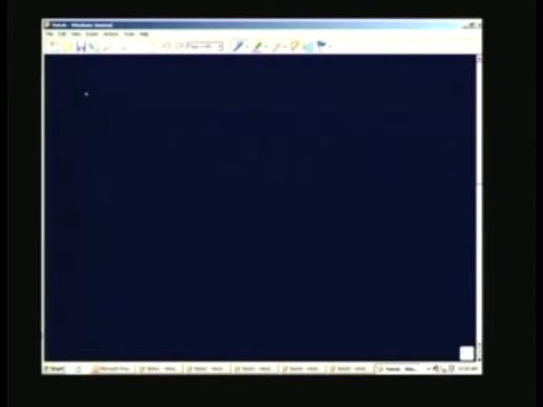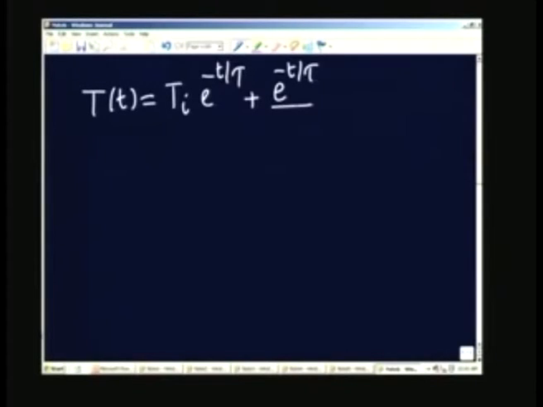solution as T, which is a function of t. I will multiply throughout by e to the power of minus t by tau. So, that becomes T I e to the power of minus t by tau plus e to the power of minus t by tau divided by tau integral 0 to t of T infinity e to the power of t by tau dt.